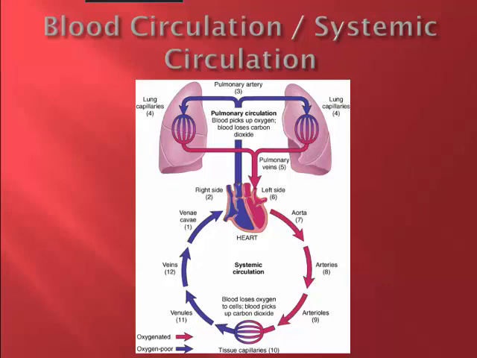The systemic circulation is the blood that is coming from the left side of the heart, freshly oxygenated, and goes around to the tissues of the entire body, drops off the oxygen to the tissues, picks up the carbon dioxide, and brings that deoxygenated blood back to the right side of the heart. So we're going to talk about these in more detail.